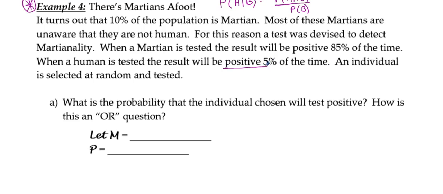And when it says positive, that means positive for being a Martian. So that doesn't mean a human being tested positive for a human. A positive test means the test shows that you're a Martian. So an individual is selected at random and tested. What is the probability that the individual chosen will test positive?